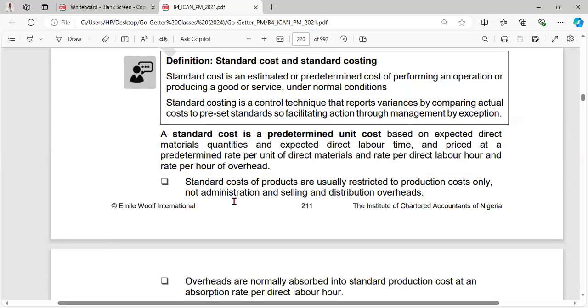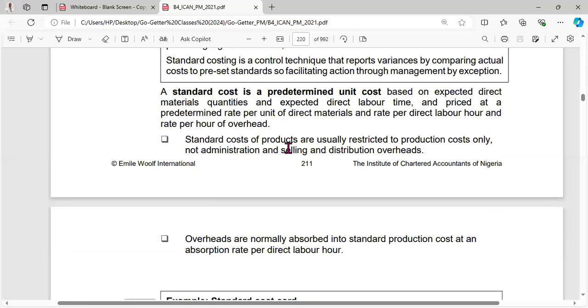Now, a standard cost is a predetermined unit cost based on expected direct material quantities and expected direct labor time, and priced at a determined rate per unit of direct material and per direct labor hour. This is still talking about overhead absorption costing.